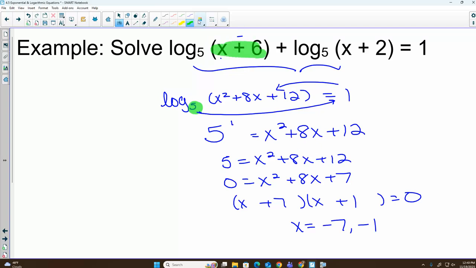Let's try -1. -1 plus 6 is positive. -1 plus 2 is positive, so -1 works. Questions?